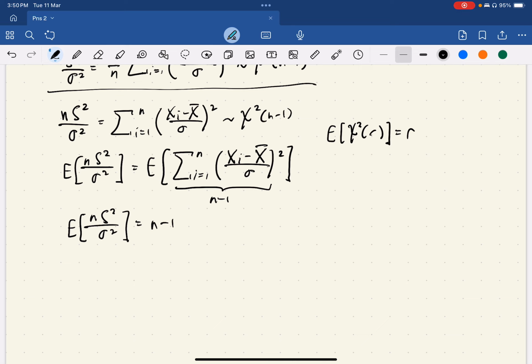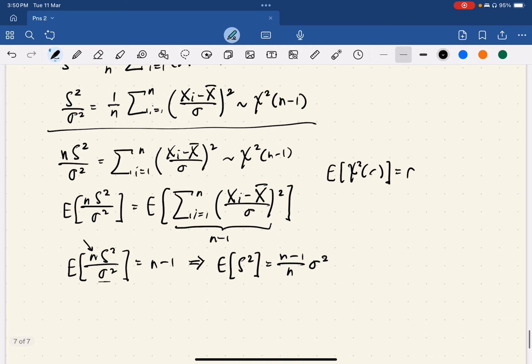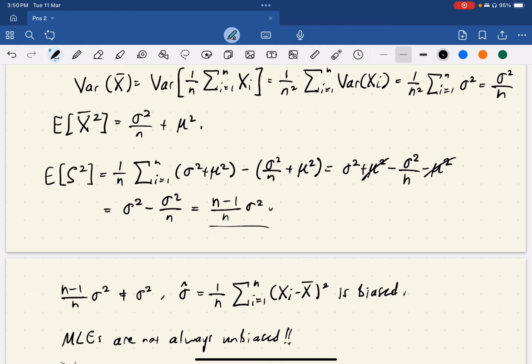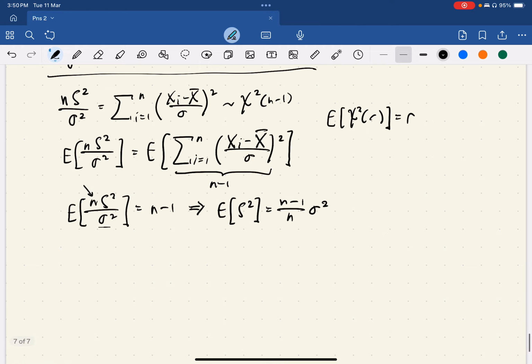And if you rearrange, since sigma squared and n here are constant, you will still have this expectation here, n minus 1 over n times sigma squared. Okay, now this is just the same as the formula above, right?